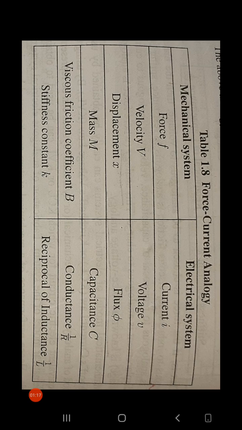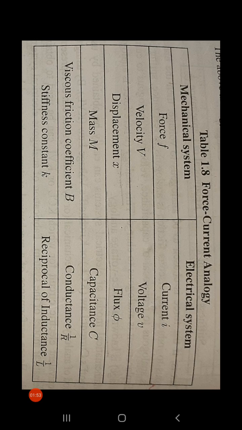First, force of a mechanical system is analogous to injected current in an electrical system, and velocity of a mechanical system is analogous to voltage of an electrical system. Next, if we have mass m in a mechanical system, then this mass can be treated as capacitance C in an electrical system.